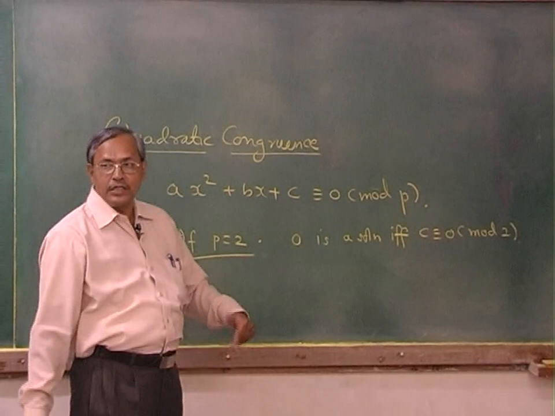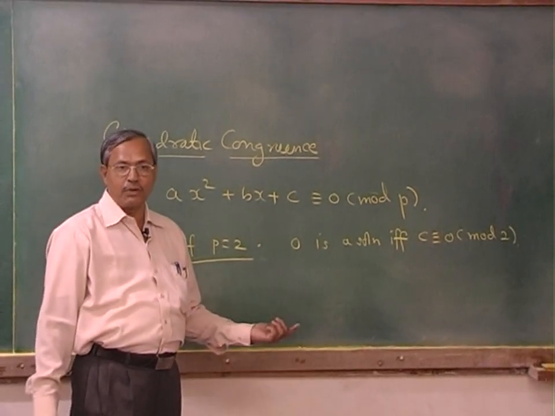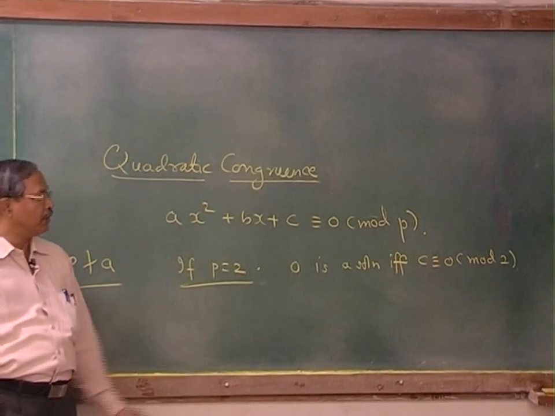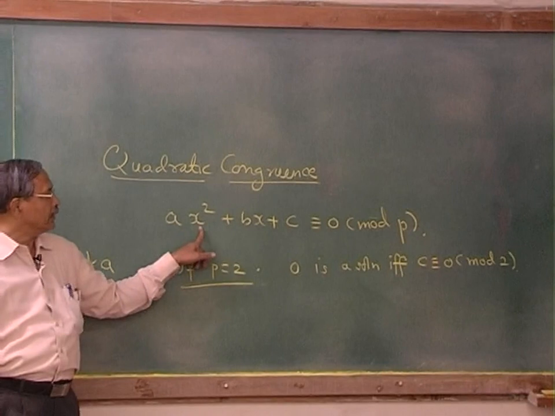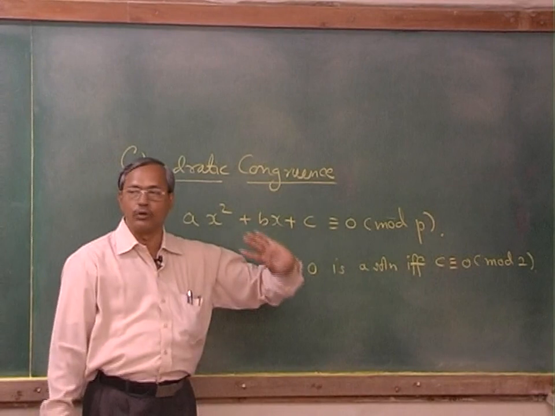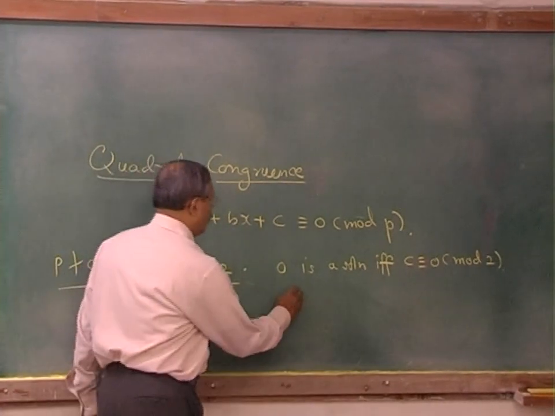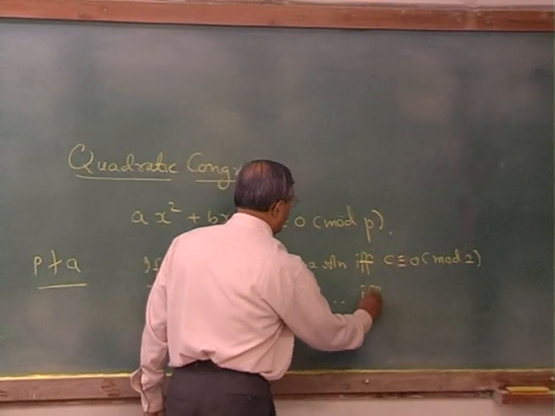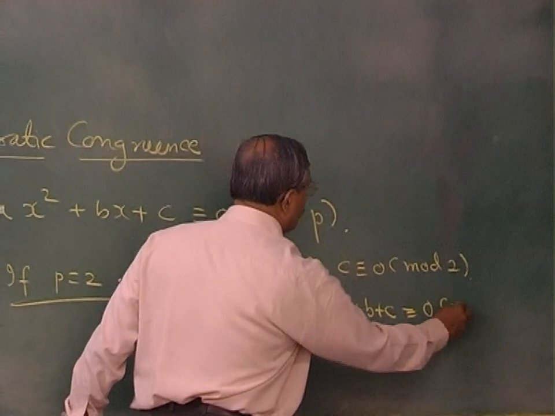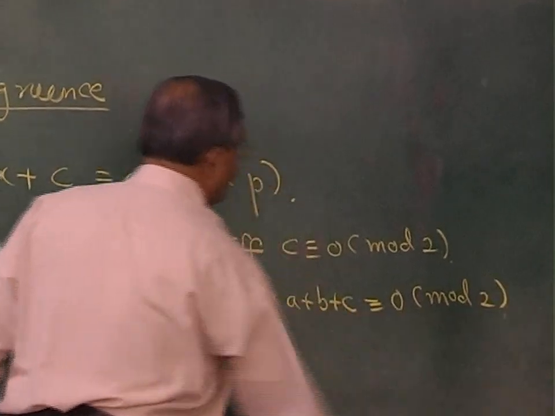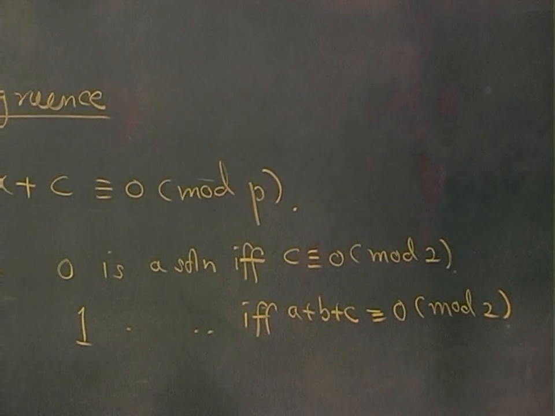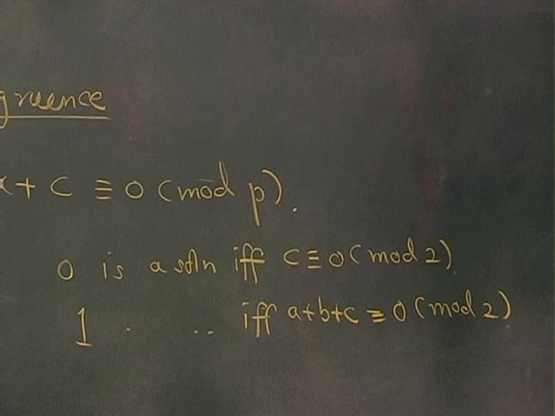The other possibility is 1: put x equal to 1 here. 1 is a solution if and only if a plus b plus c is congruent to 0 mod 2. So the case p equal to 2 is very easy to deal with, and therefore we assume that p is an odd prime.